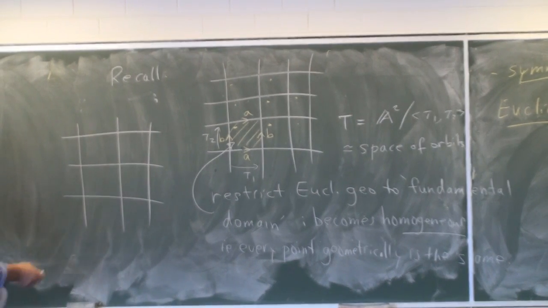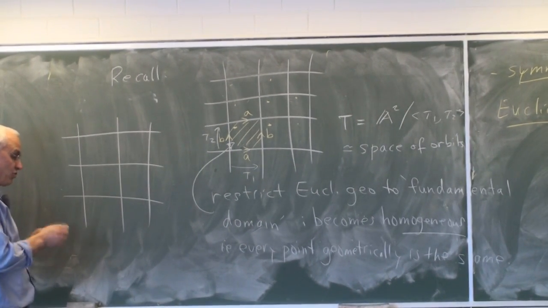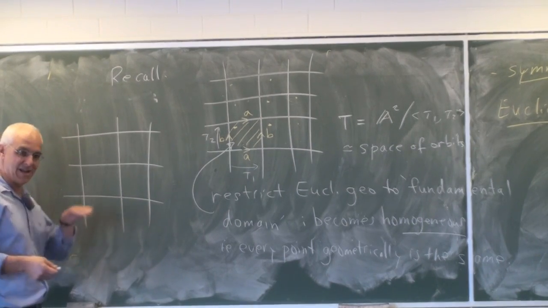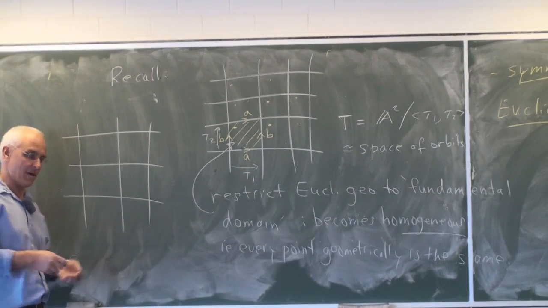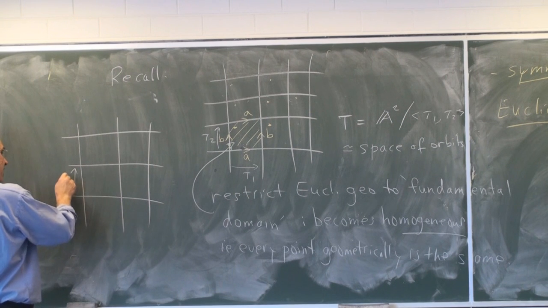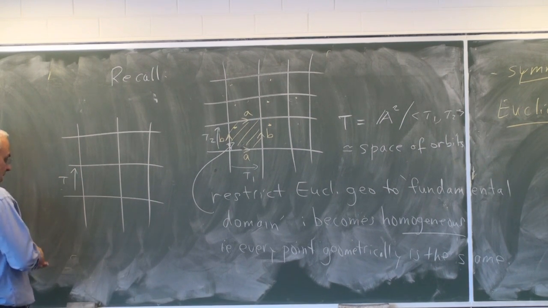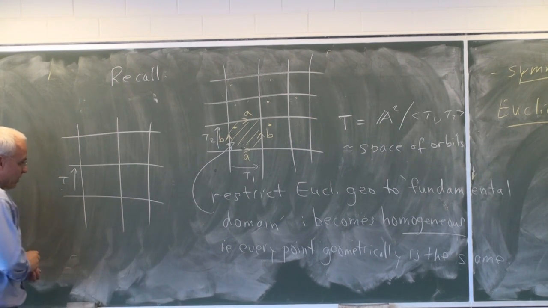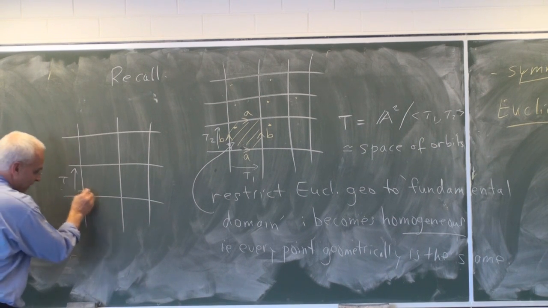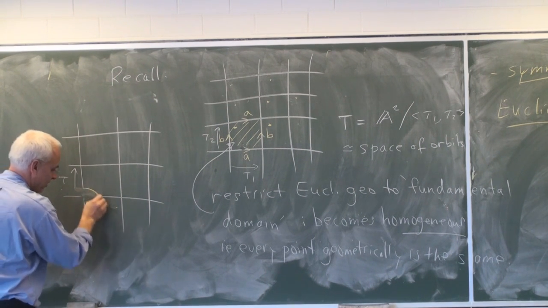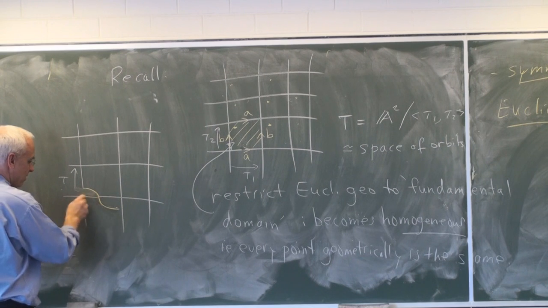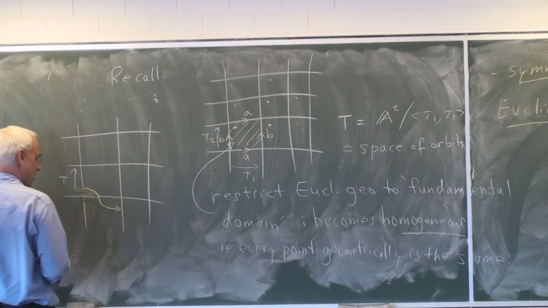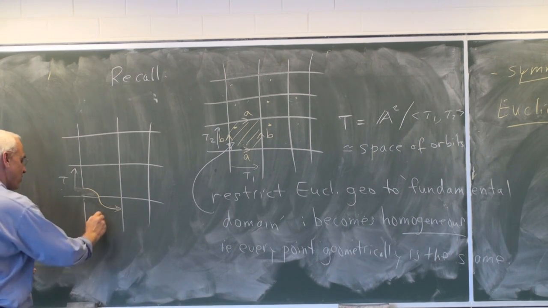And I also remind you that the Klein bottle was a lot like that, but we could use not just two translations, but a translation and a glide reflection. Okay? So maybe we had a tau in this direction, and in this direction, well, we could have a glide reflection. Maybe I'll do it like this. Let's call it sigma.